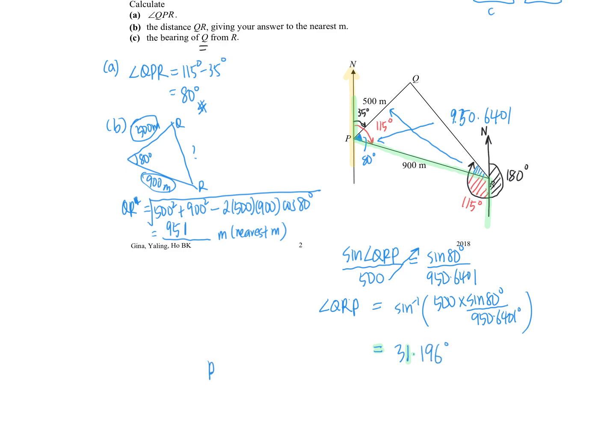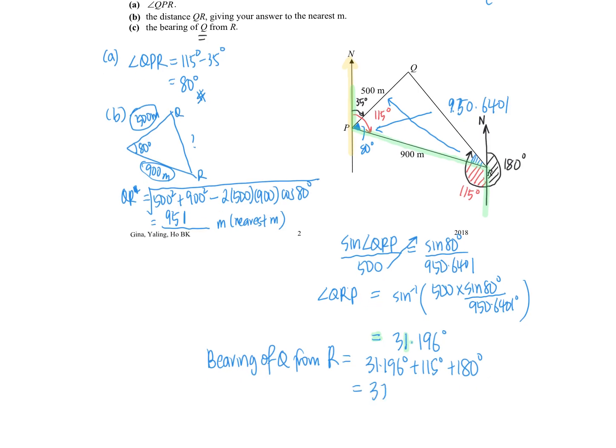So to find bearing, don't forget your purpose is to find bearing of Q from R. You need to add the 31.196 to the 115 to the 180. So what's the answer? 326.19, so 2, 1 dp.